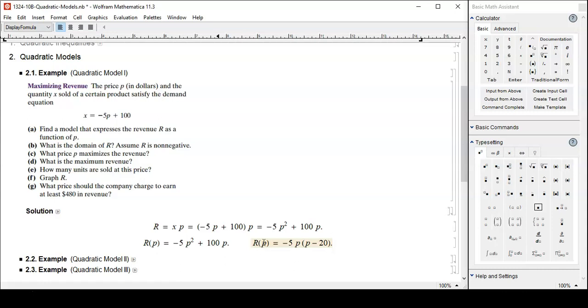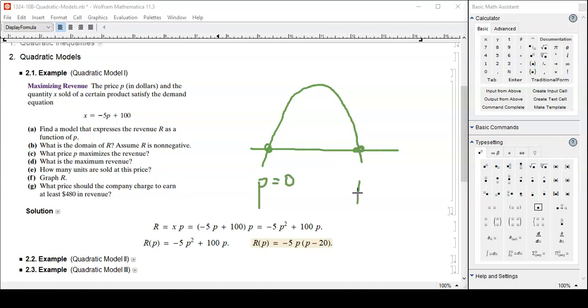So from this form, I can very easily guess the graph. I can actually sketch it like this. So here's the x-axis, or p-axis rather. P equals 0 here. And then right here, P equals 20. That's what I can get from this intercept form.